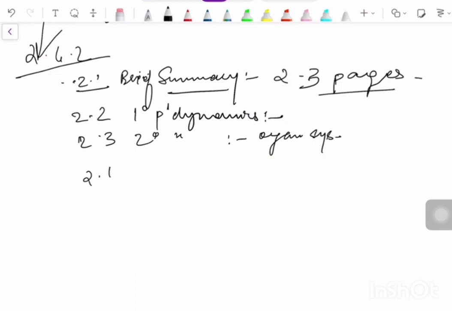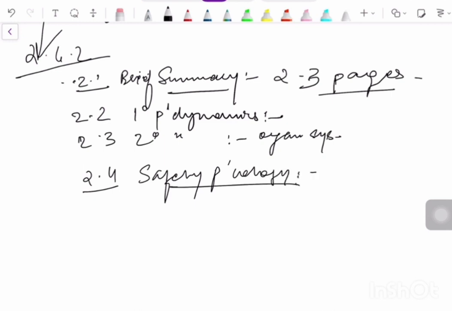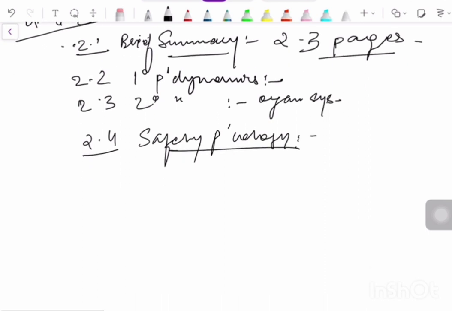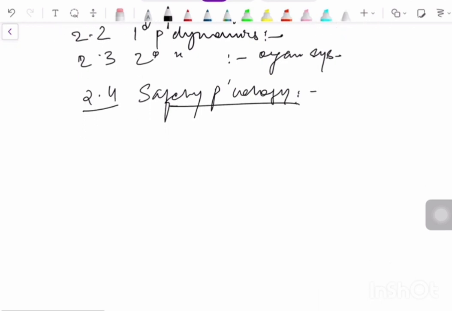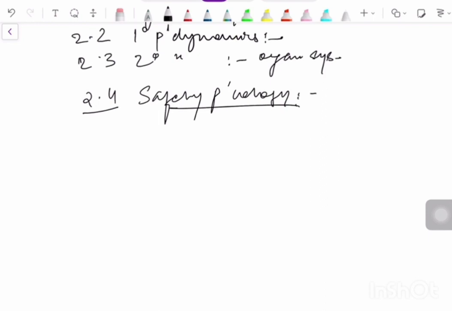Then 2.4 is safety pharmacology. Safety pharmacology studies should be summarized and evaluated in this section, and in some cases secondary pharmacodynamics can contribute to safety evaluation. Okay, so in such cases these secondary pharmacodynamic studies should also be considered along with the safety pharmacologic studies.